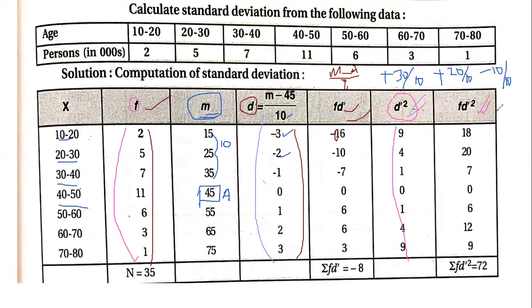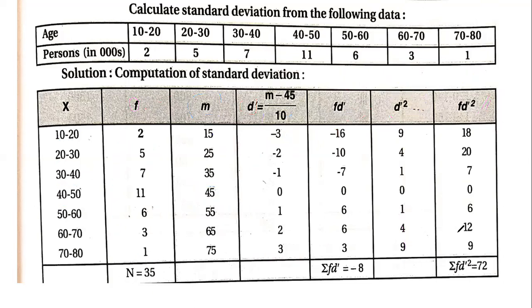After we find FD dash square, we have got the three major numbers required for calculations. That is n is equal to 35, sigma FD dash is equal to minus 8, and sigma FD dash square is equal to 72.